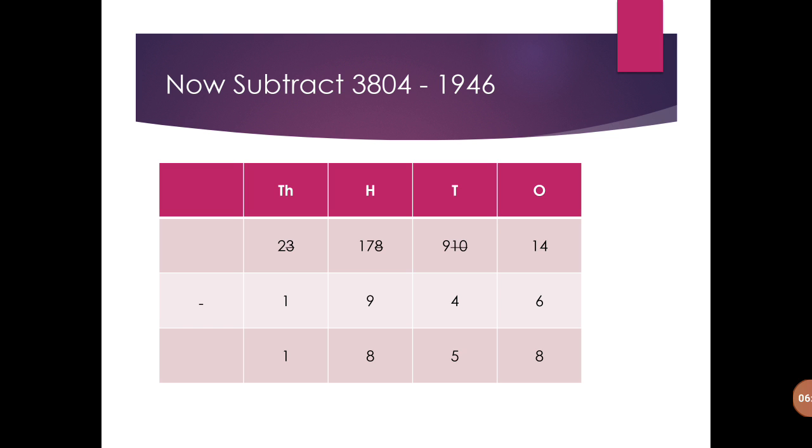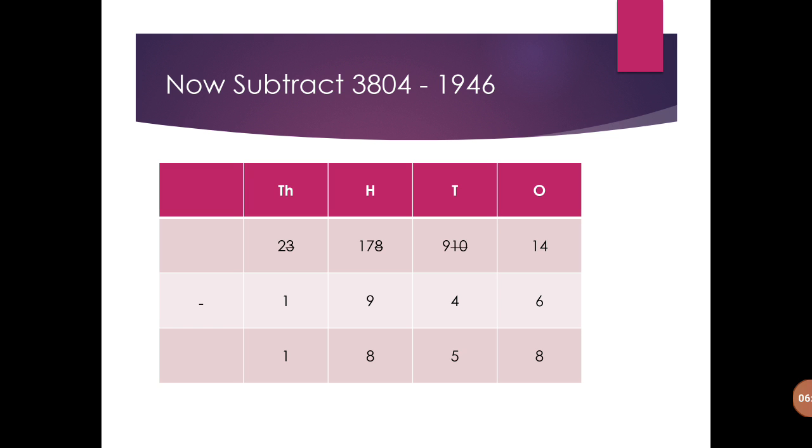Now take another example. Subtract 1946 from 3804. Place the number in the place value chart, and start from the ones column. Observe the number. The above number is smaller than the below number. You have to take a borrow from the tens column, but there is no number in the tens column. There is 0.